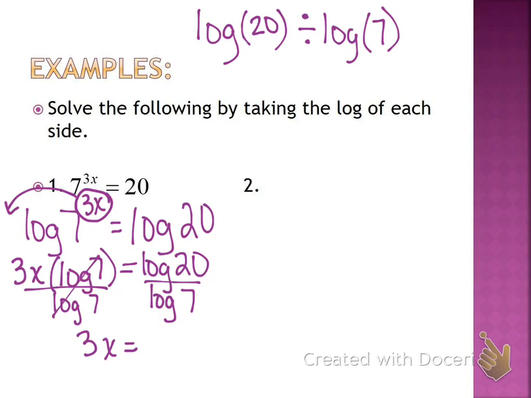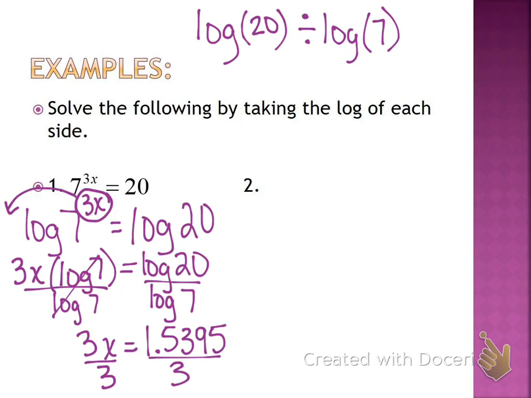Okay, so if we do this in our calculators correctly, log 20, close parentheses, divided by log 7, close parentheses, enter. What do we get to like 4 or so decimal places? Beautiful. 1.5395. But is x alone yet? No. We still have to divide both sides by 3.